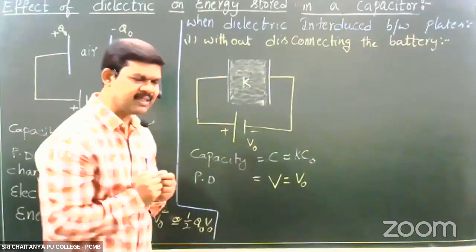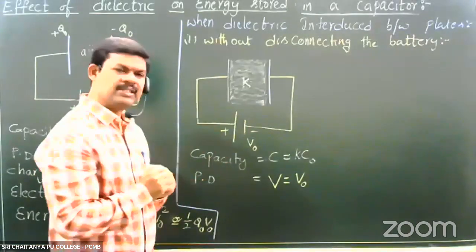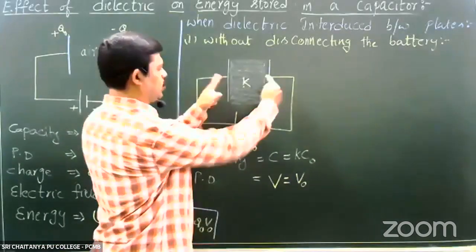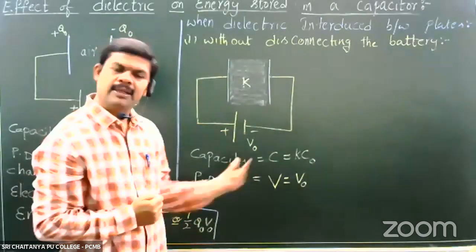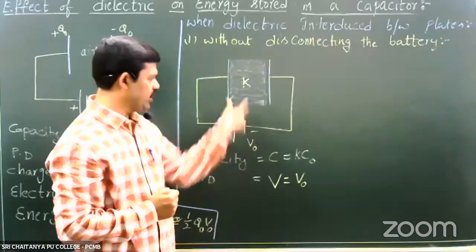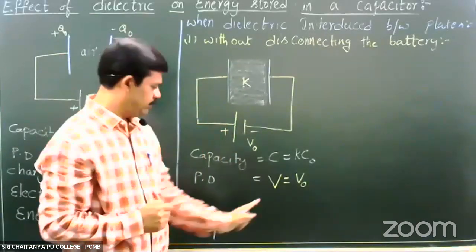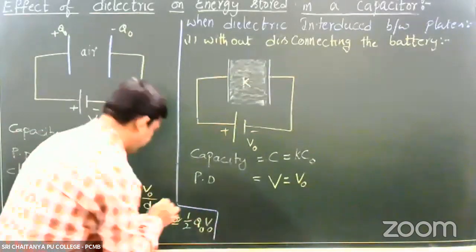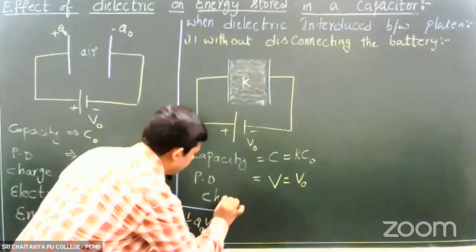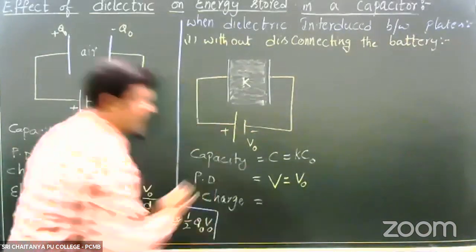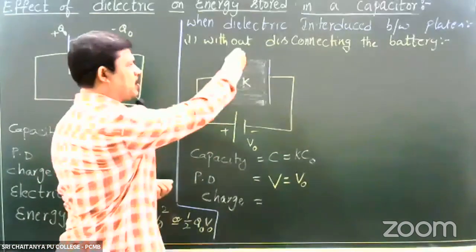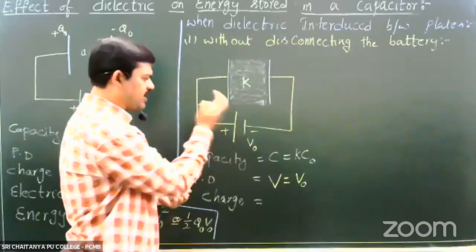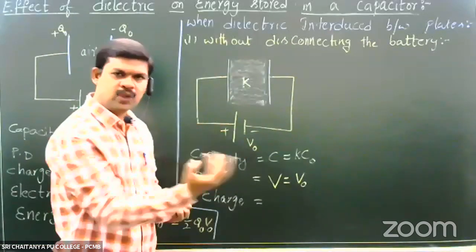How to remember it easily, sir? Whenever it is in connection with this battery, this is parallel to this. Potential difference between these two must be equal to potential of the battery, right? So it won't change. When it is in connection, potential is V0. Then what happens to charge? First potential decreases, but it is in connection with the cell, so it takes some more charge.